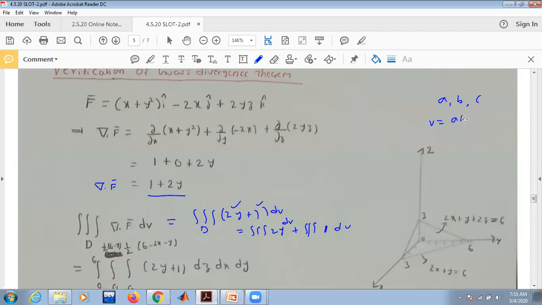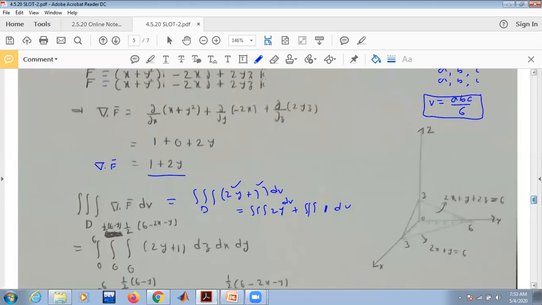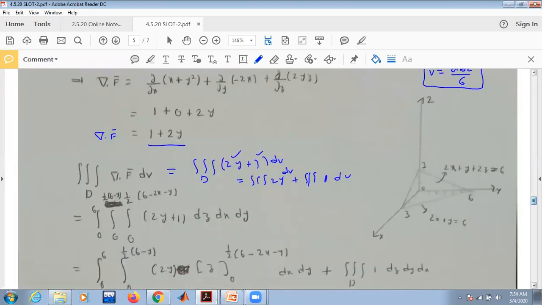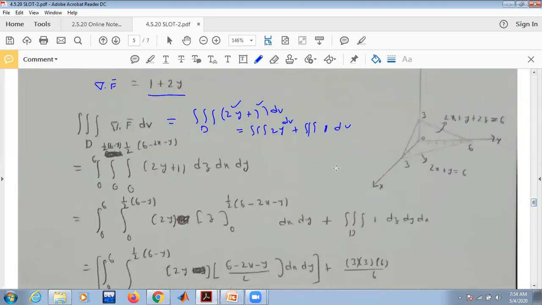It is abc by 6. Please verify. Or if you don't remember this value, you can substitute these limits and compute. You will observe that that is going to be the value obtained through this formula abc by 6. Okay. In this case, I used that formula.